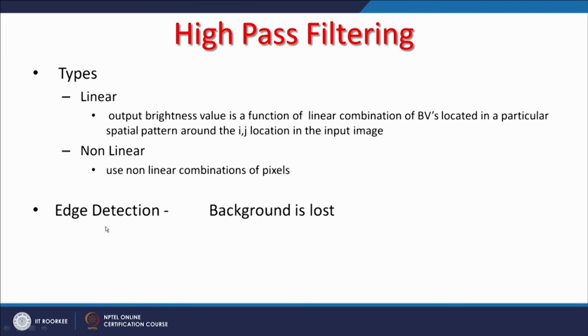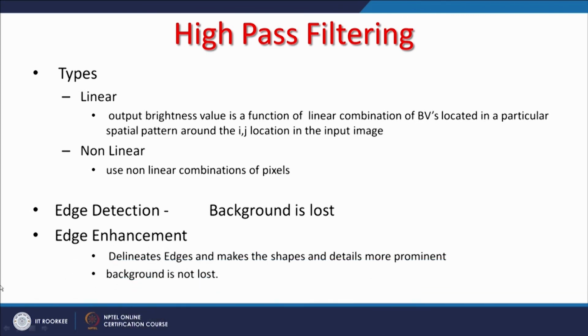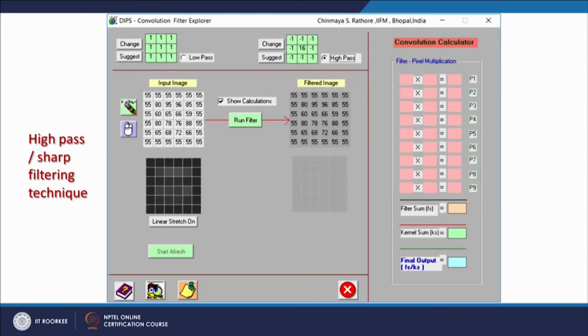High pass filters are used to emphasize the local variations, maybe edge detection, and the background is lost. Edge enhancement is a very popular technique that delineates edges and makes the sharpness and details more prominent, and the background is not lost.